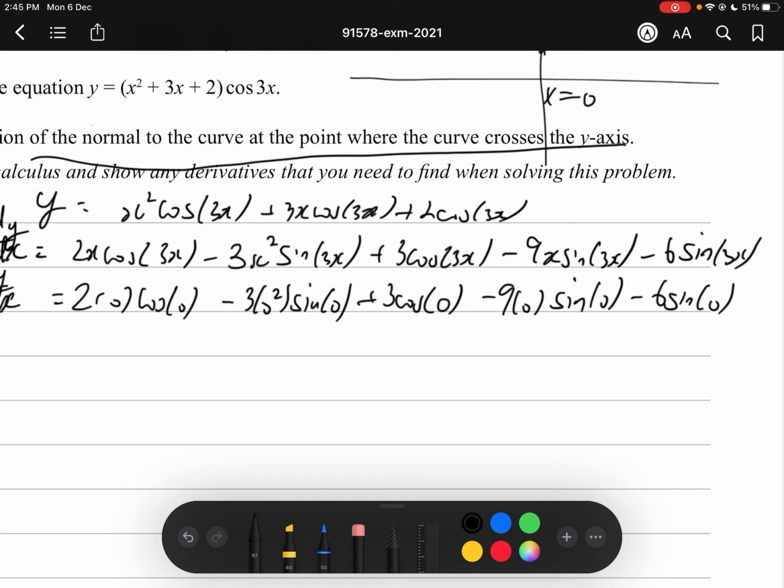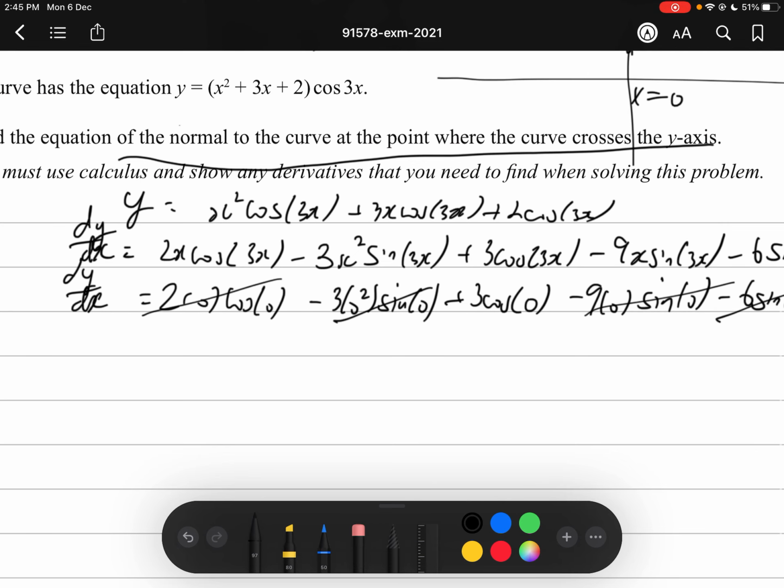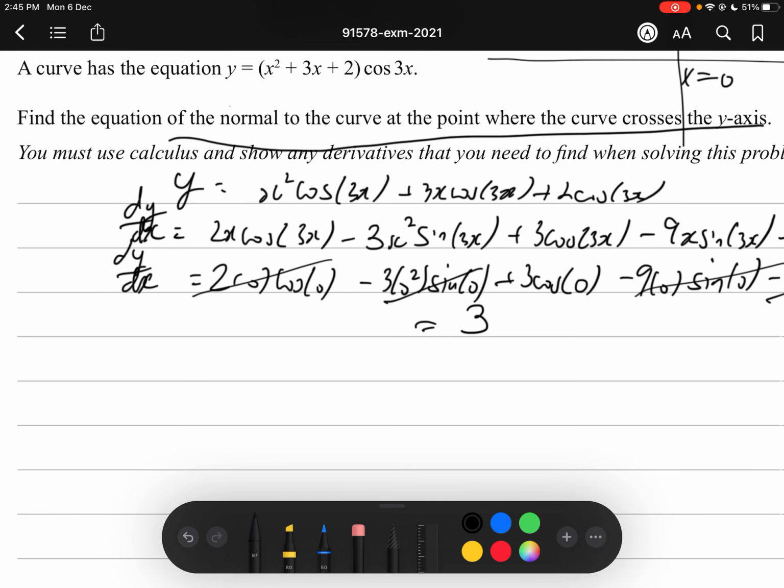Sine of 0 is 0, and 0 times anything is 0, so that's all just going to be 0. Cos of 0 is 1, so this is equal to 3. And that's the gradient of the tangent.